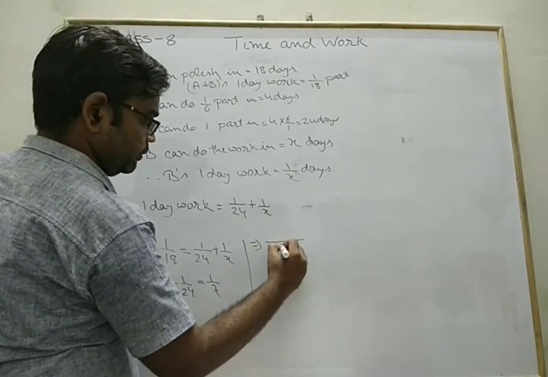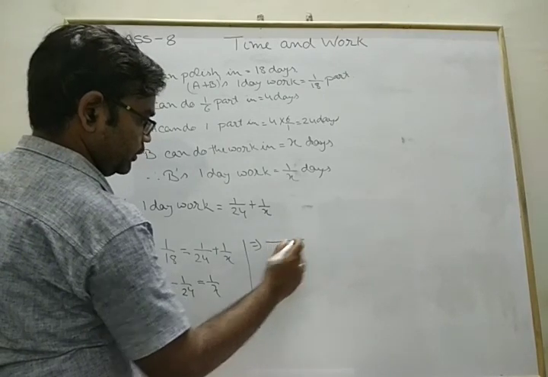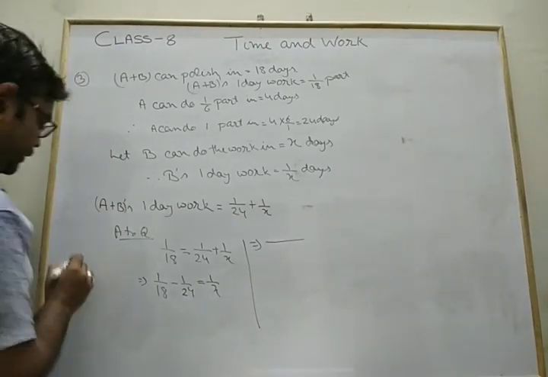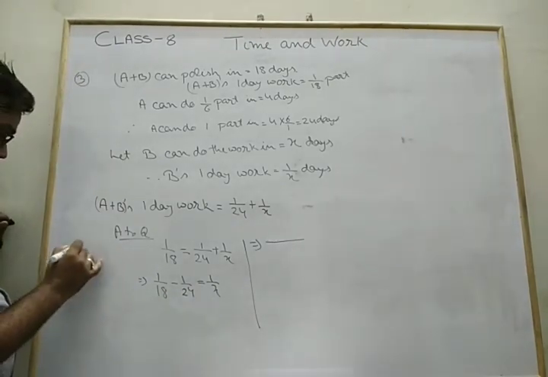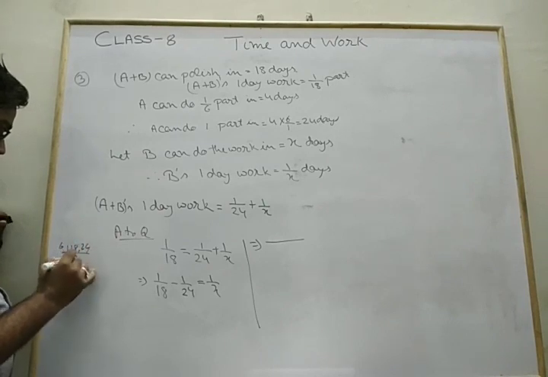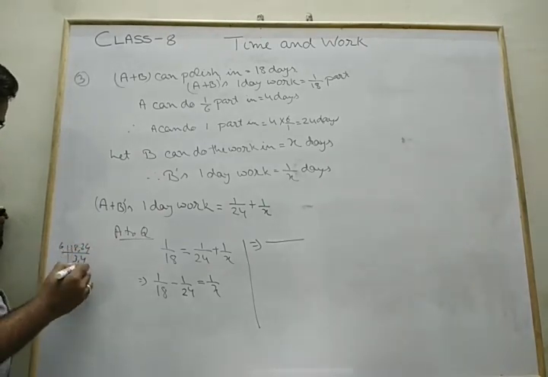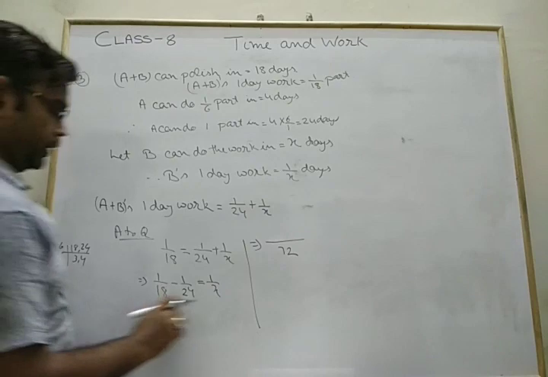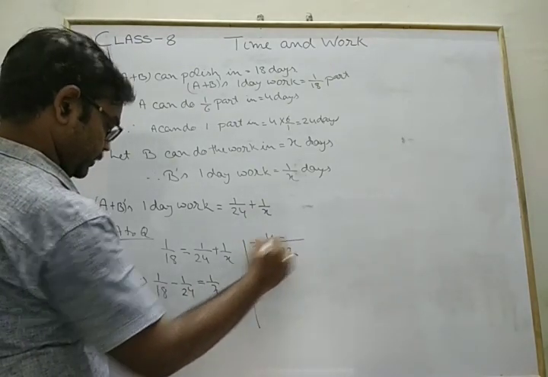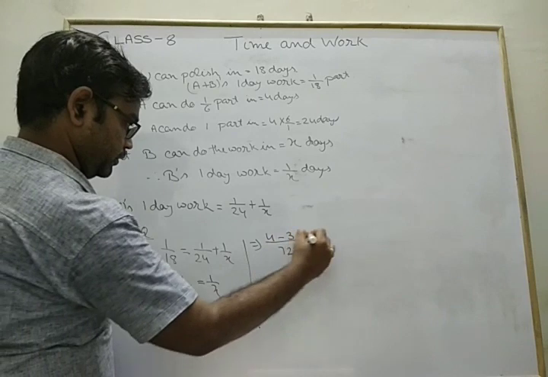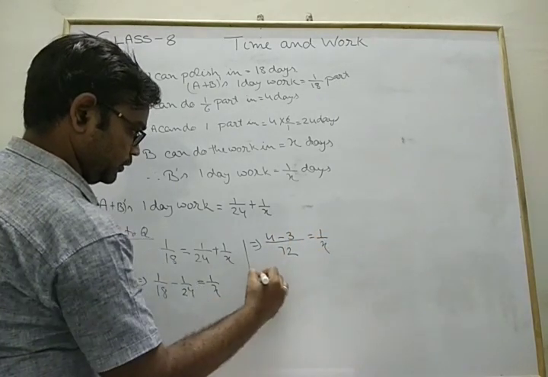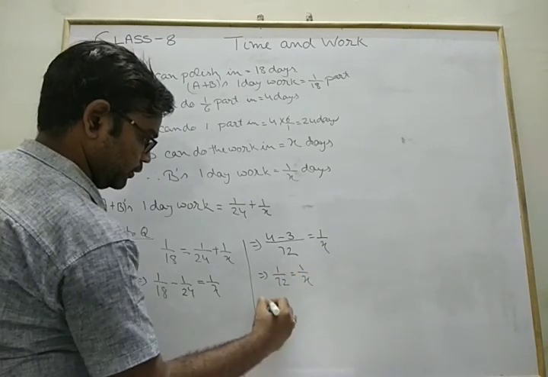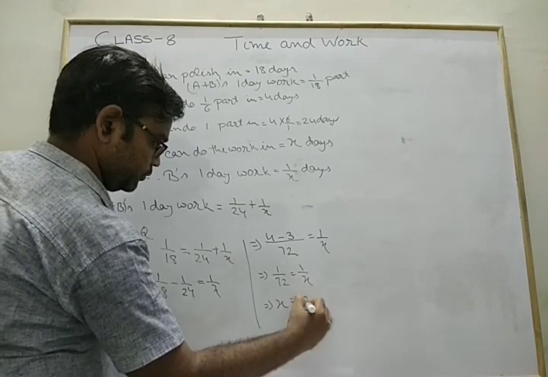We take the LCM of 18 and 24, which is 72. So 4 minus 3 over 72 equals 1 upon X, or 1 upon 72 equals 1 upon X, or the value of X equals 72, that is your days.